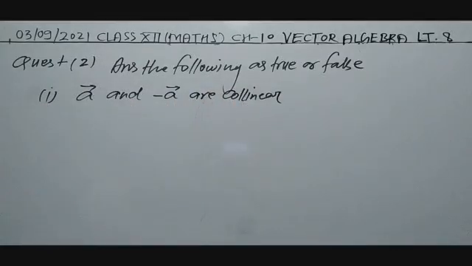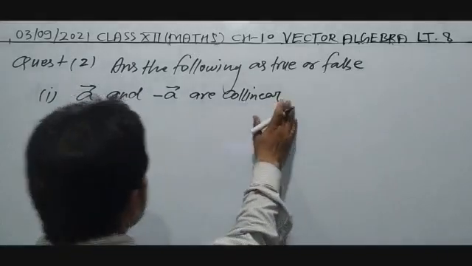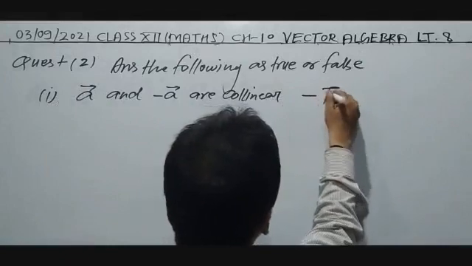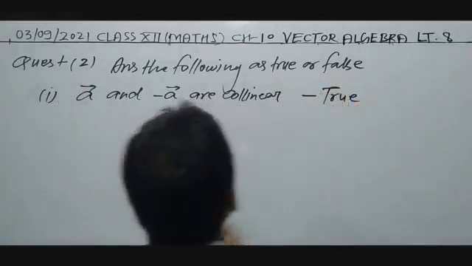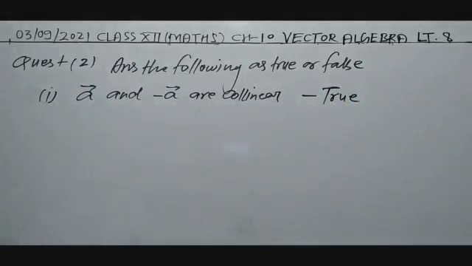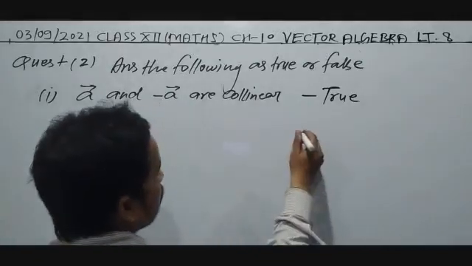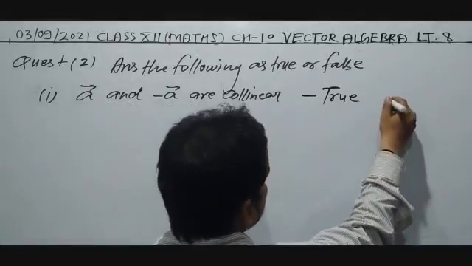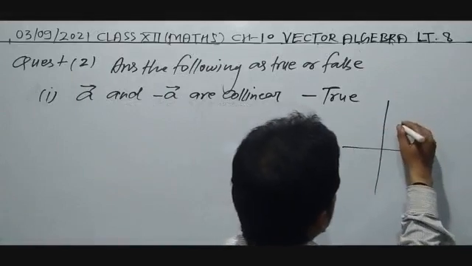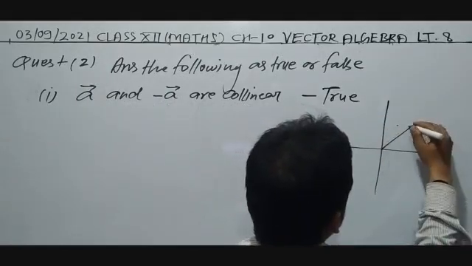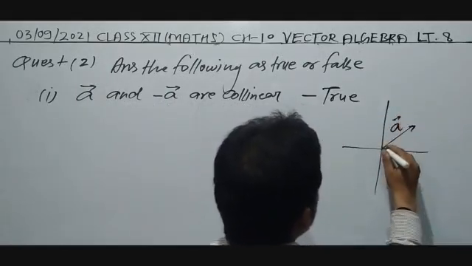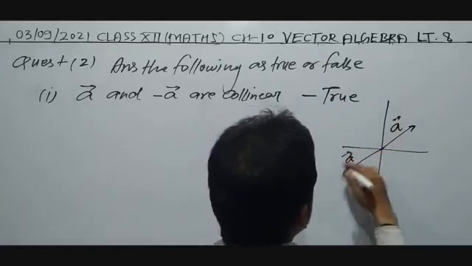Is this true or false? This statement is true. How? Suppose you have any vector A, and negative of vector A will be like this. So this is collinear.